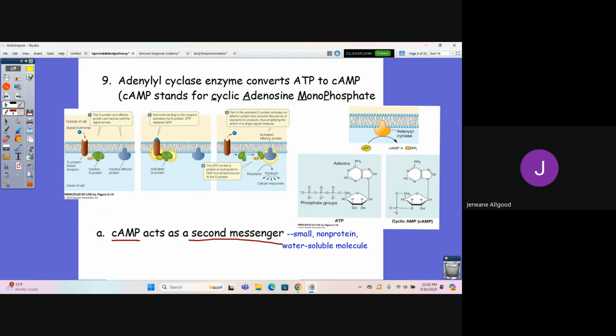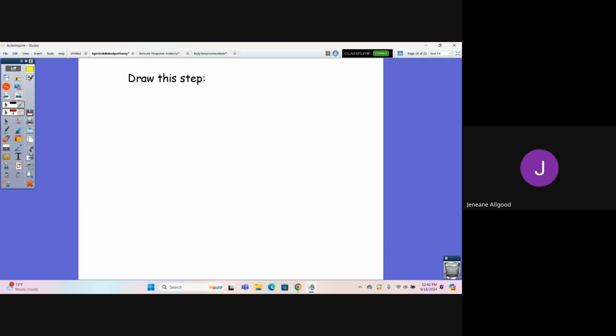Cyclic AMP is a second messenger because it's going to be involved in one of the first steps that occurs in the cytoplasm after a series of steps happening in the cell membrane. So cyclic AMP is small, it's not a protein, and it's water soluble. You just really need to know it's a second messenger. So we're going to draw this step on the next page.